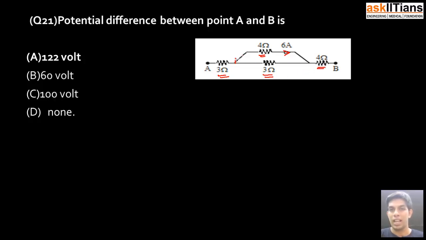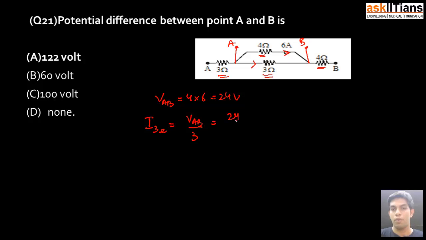So I can say that the potential difference across these two branches is V. Let's call these A and B. So VAB is equal to 4 into 6, that is 24 volt. So the current flowing across the 3 ohm branch, I3 ohm, will be VAB divided by 3, that is 24 divided by 3, which gives me 8 ampere.